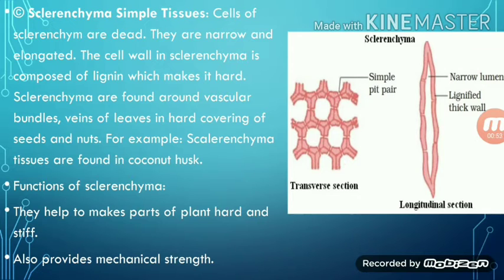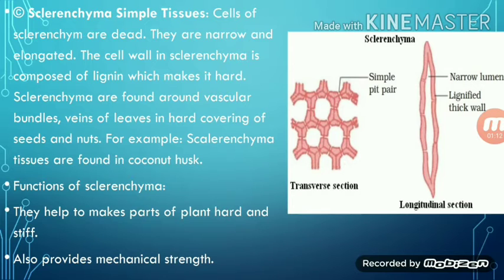Sclerenchyma are found around vascular bundles. We will discuss what vascular bundles are again. Vascular bundles carry and supply food and water to a plant.